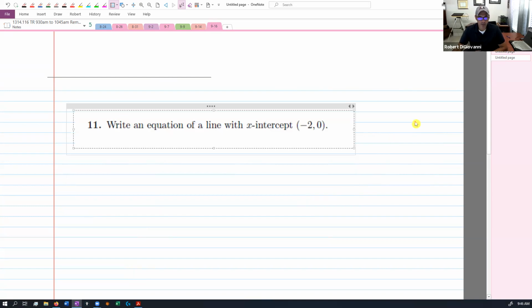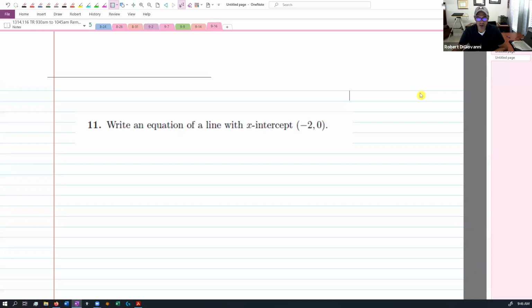Okay, it says write an equation of a line with an x-intercept of -2, 0. So they're saying write an equation of a line. That means everybody could possibly have a different answer here. They just want you to give me an equation so that when I draw it, it's going to have this x-intercept.